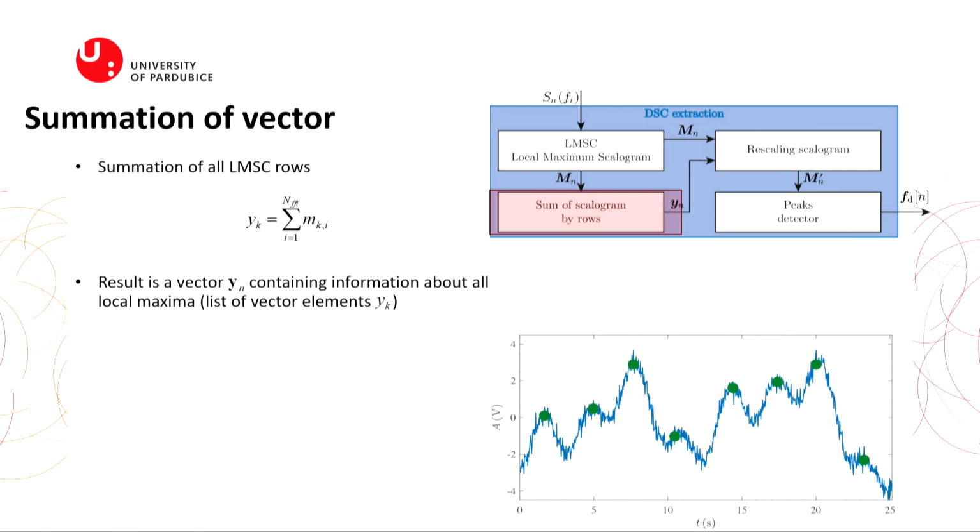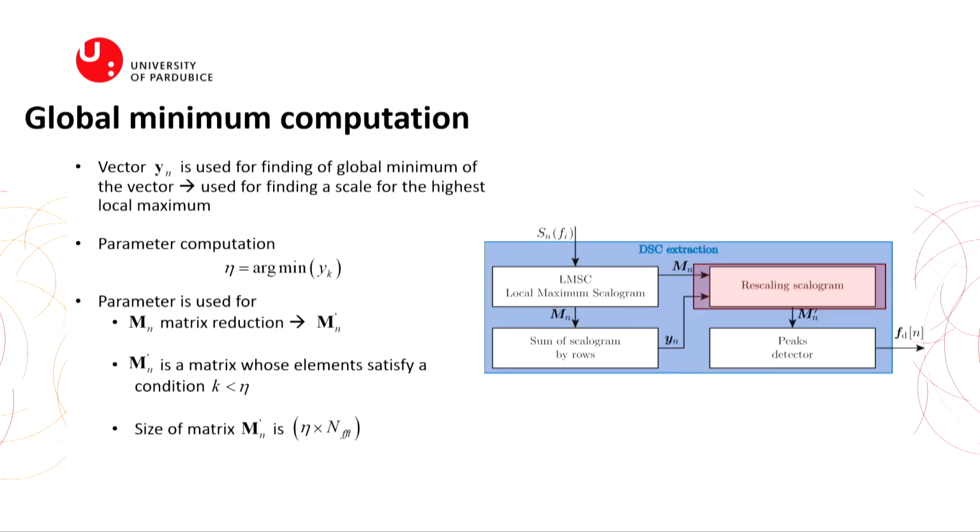From the resulting vector of the previous step, we determine the global parameter of the AMPD algorithm. Especially we are looking for the global minimum of a transformed version of the summed vector, because this minimum corresponds to the neighborhood size where the overall local maximum structure is best captured.